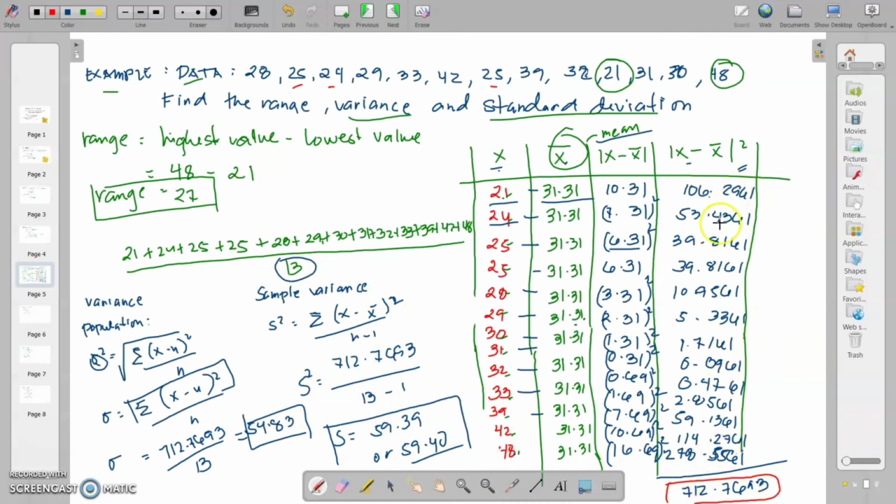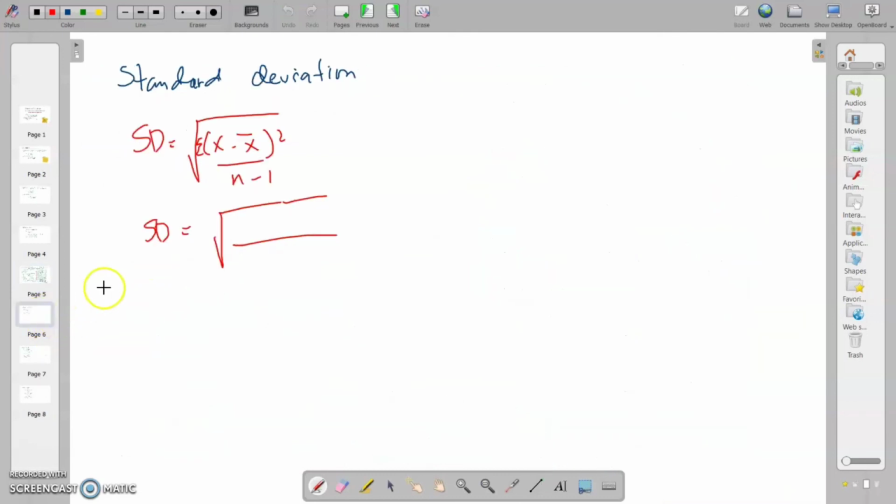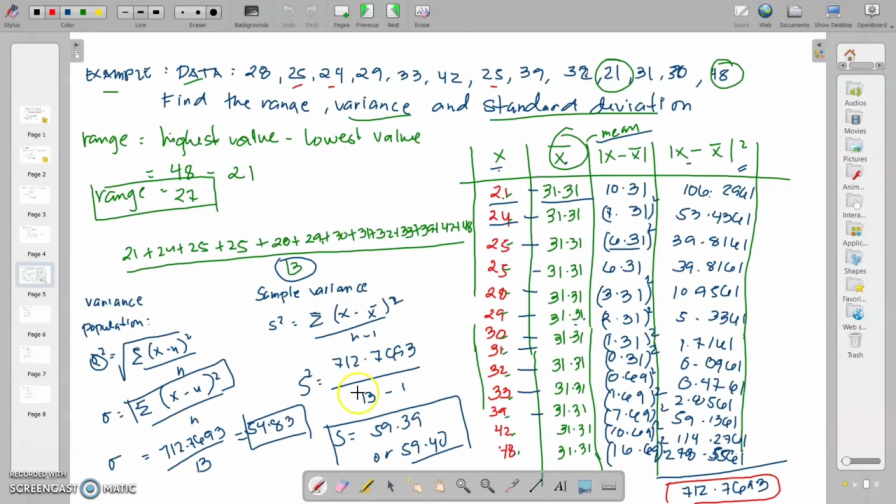Then, summation or sum of total number of these. So, summation 712.7693 over the n minus 1. So, standard deviation equals to square root of 712.7693 over 12 is 7.70. So, that is the standard deviation. Itong sample variance is the answer. Kung population variance, the answer and the range.